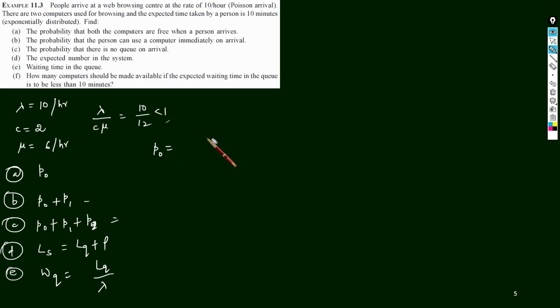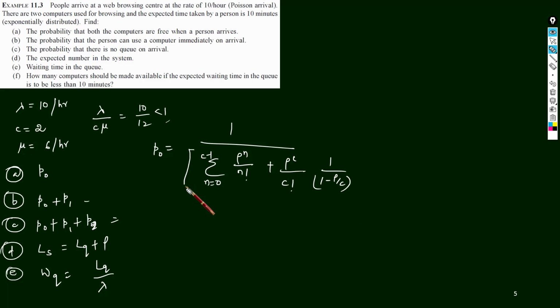We have already got the expression, that is 1 by the sum from n equal to 0 to c minus 1 of rho to the power n by n factorial, plus rho to the power c upon c factorial into 1 minus rho by c. This is the expression for P naught.